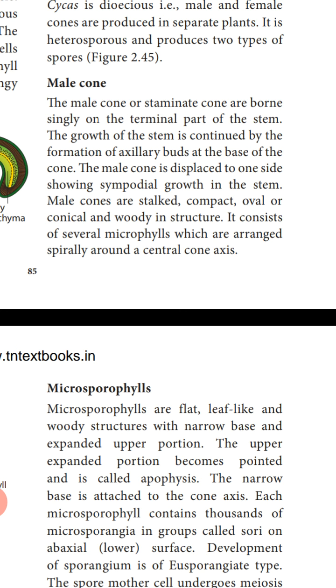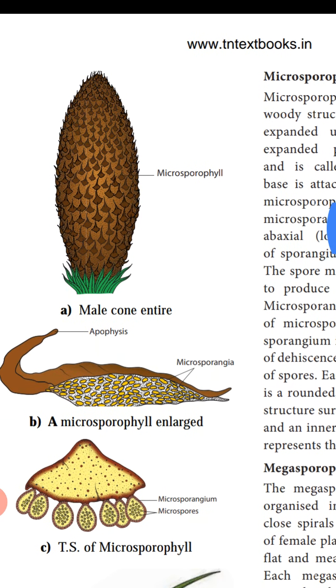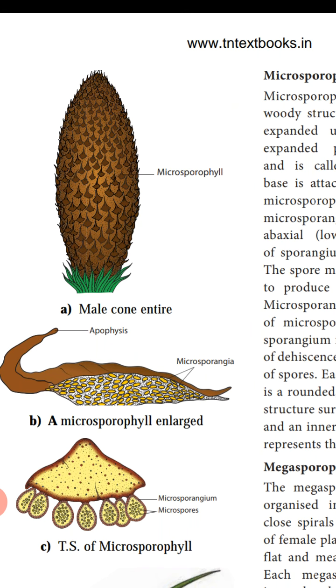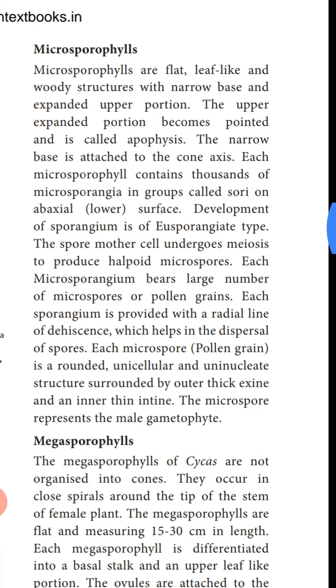Next we will study the microsporophylls. Here you can see in this diagram, A, male cone entire, the microsporophylls arranged spirally around the central axis. Microsporophylls are flat, leaf-like and woody structures with a narrow base and expanded upper portion.